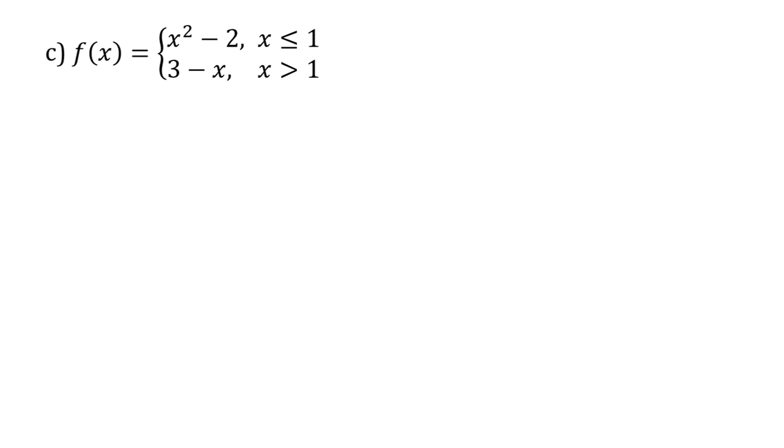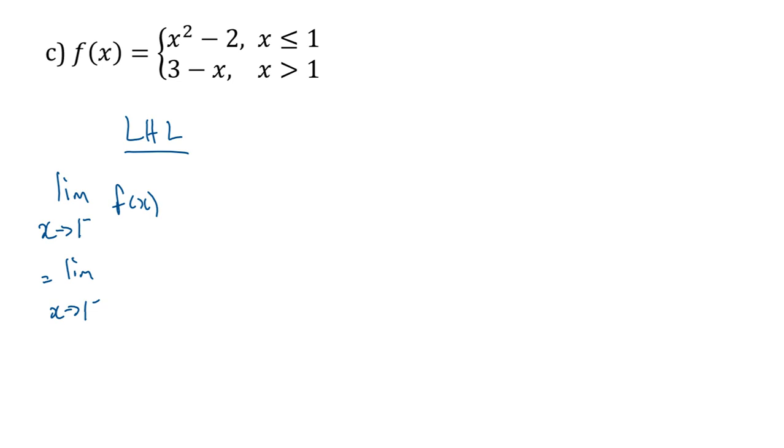We've actually seen this before. We do a left-hand limit and a right-hand limit. So we do the limit as x approaches 1 from the left of f of x.